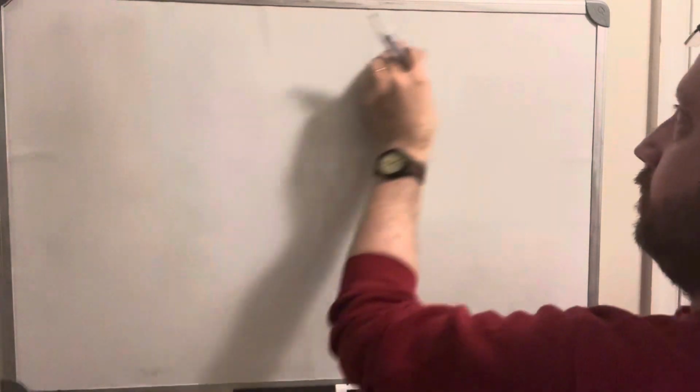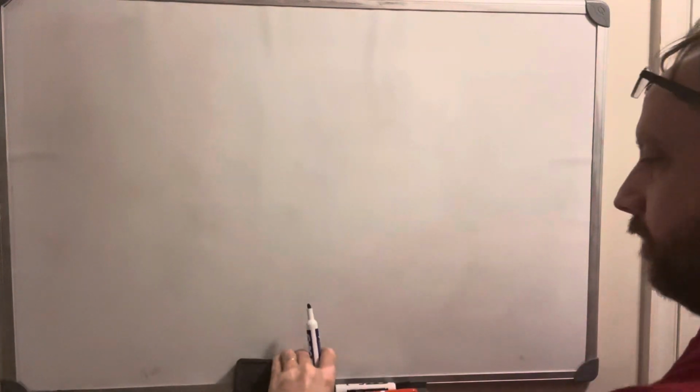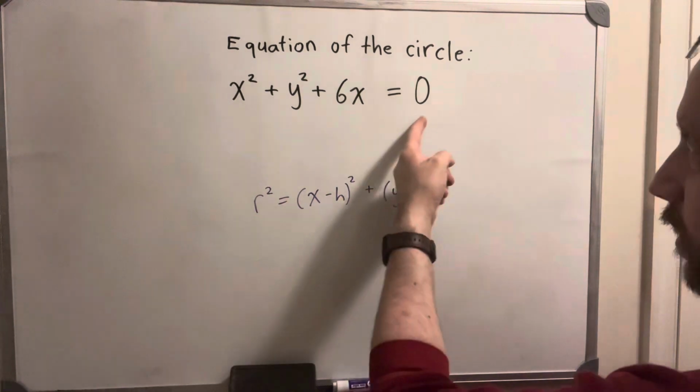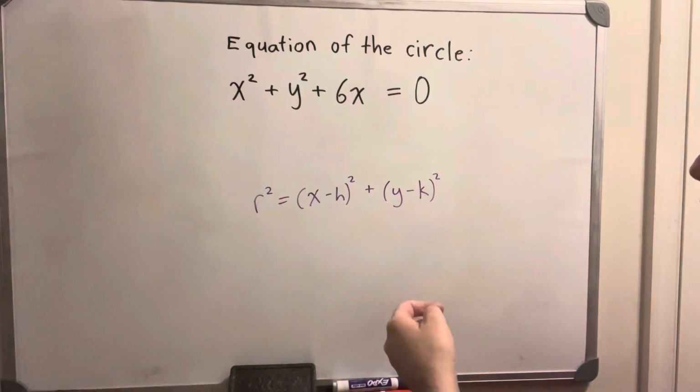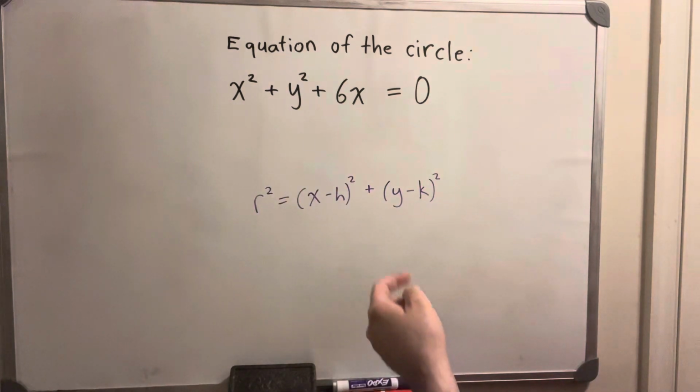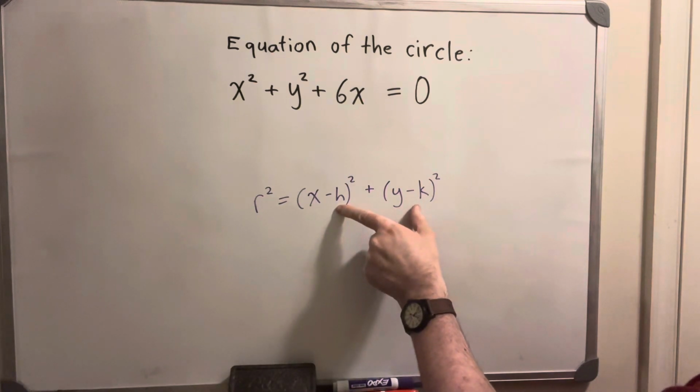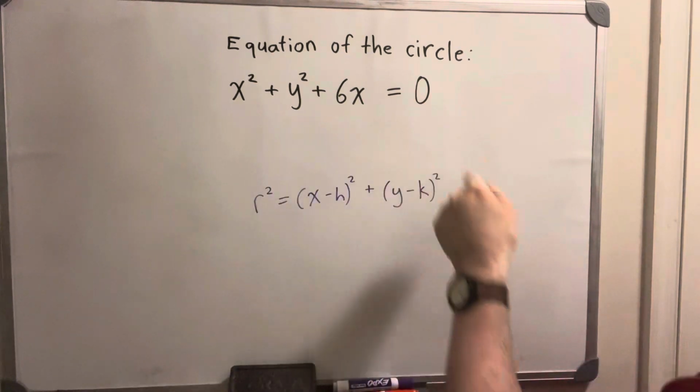And now, hopefully we know enough to be able to make something of the original problem. So the question is, are we there yet? Do we have in this equation the form that we can easily read off the center and radius?